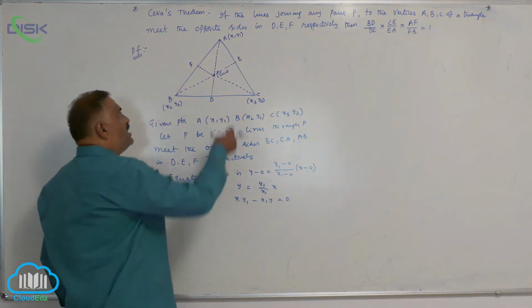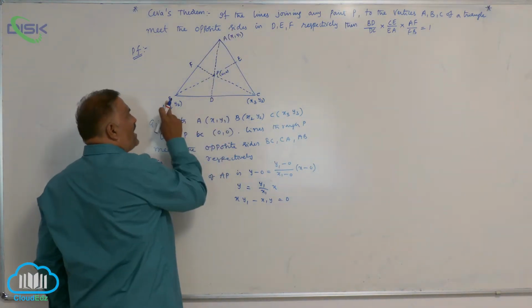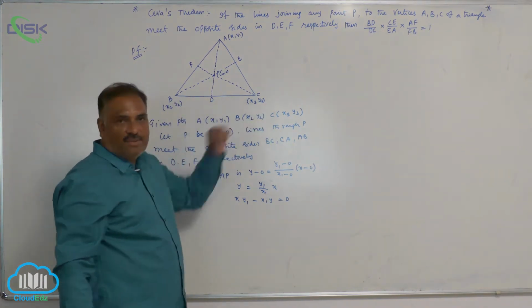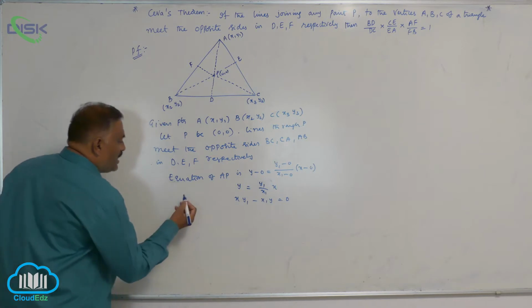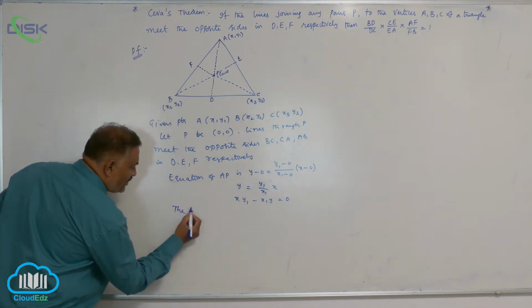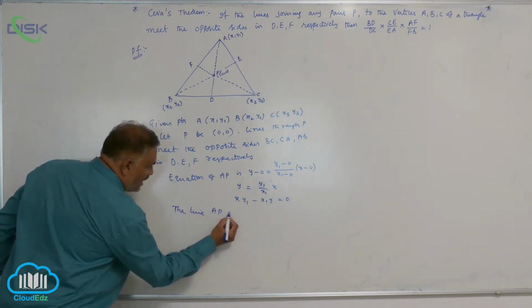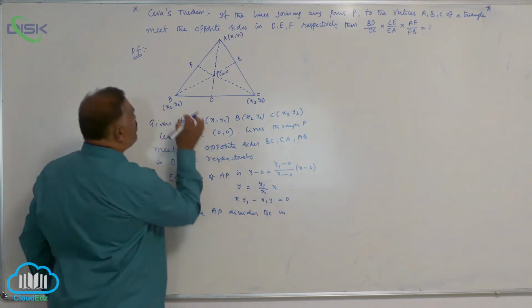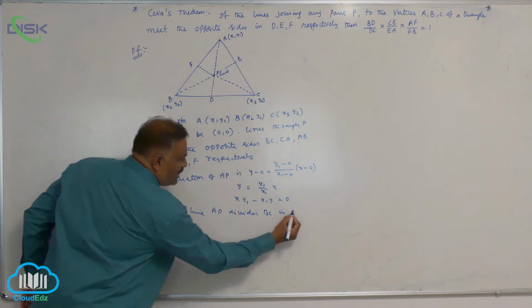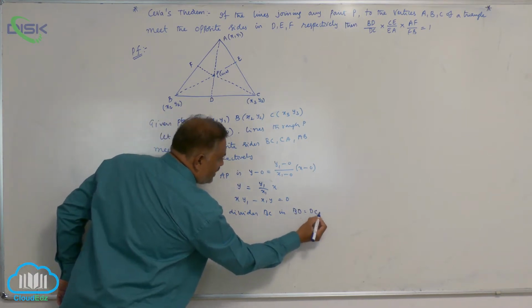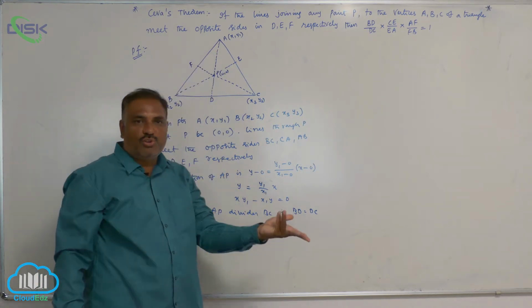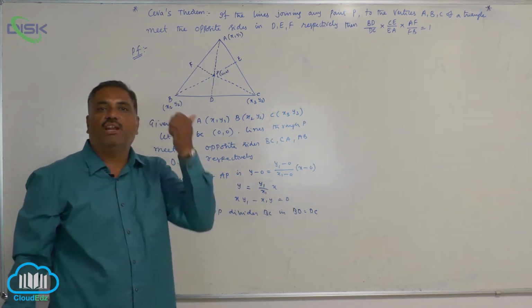Now you observe this straight line is dividing BC in the ratio BD is to DC. Now the line AP divides BC in what ratio? BD is to DC. When two points are there and a straight line is there, we know the result, minus L11 by L22.